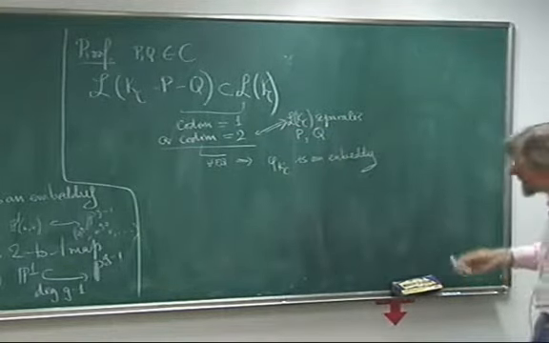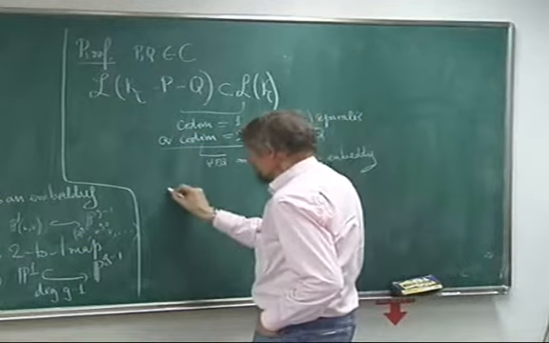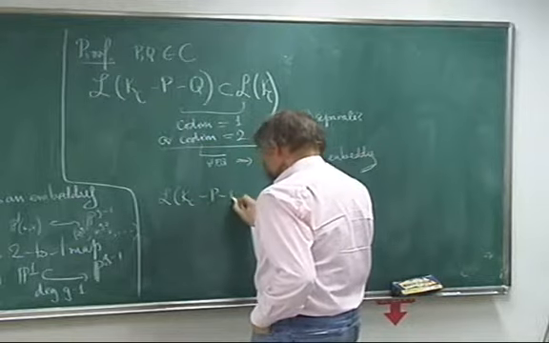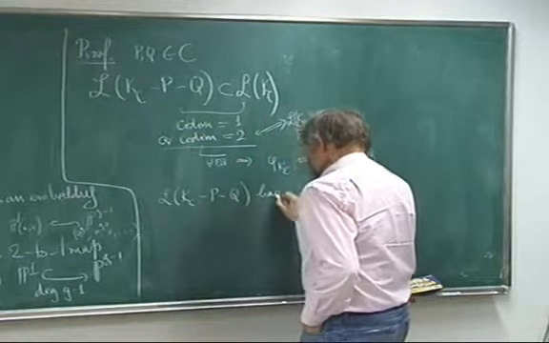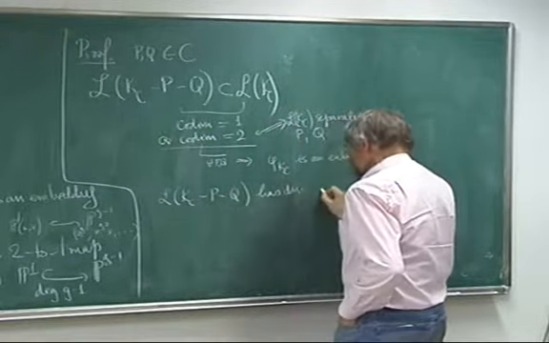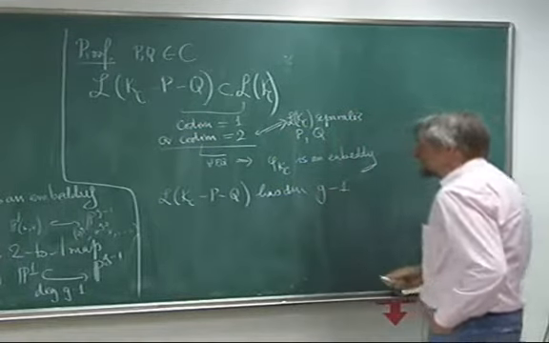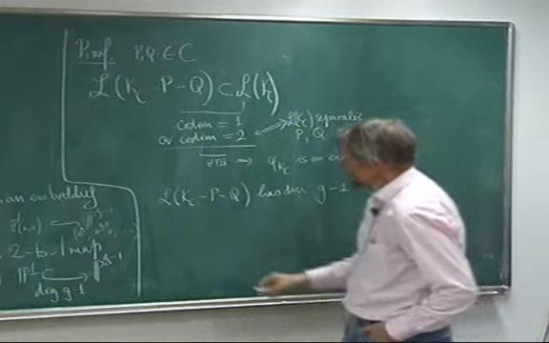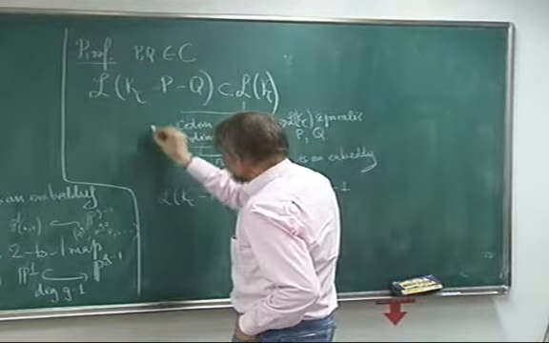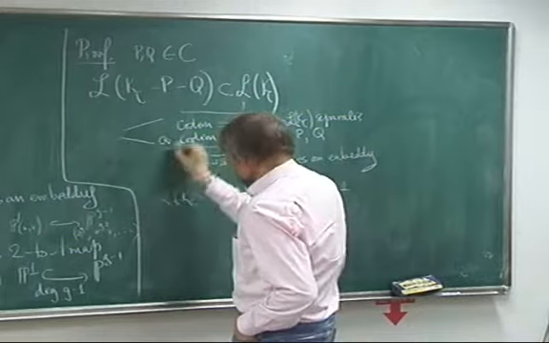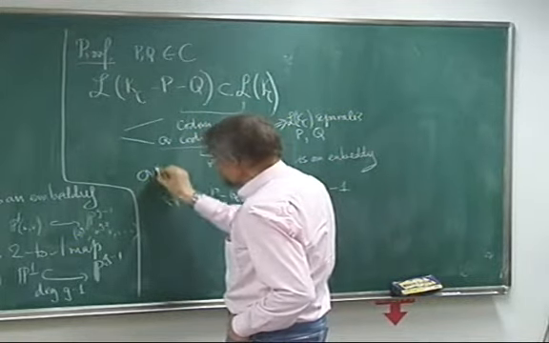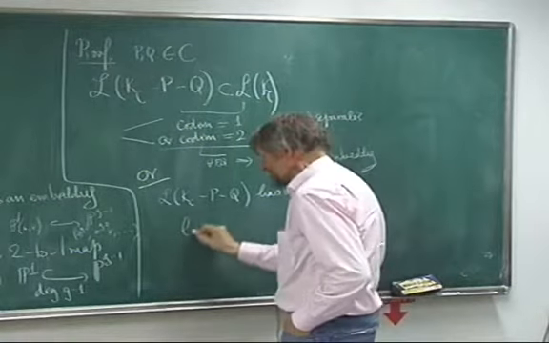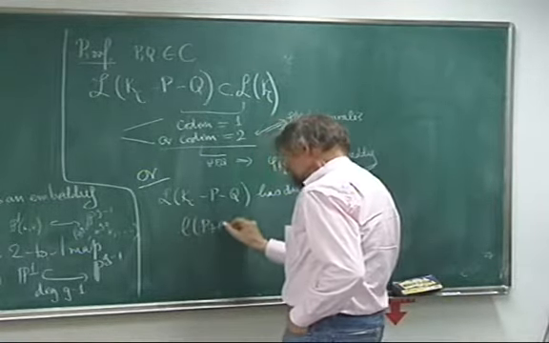Right? And in the other case, if L of K_C minus P minus Q has dimension g minus 1, this is the case where I only had codimension 1, so this is the dichotomy. Either I have this one or this one. If in this case I had this, so this implies that l of P plus Q equals 2.